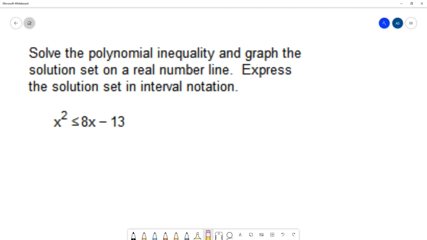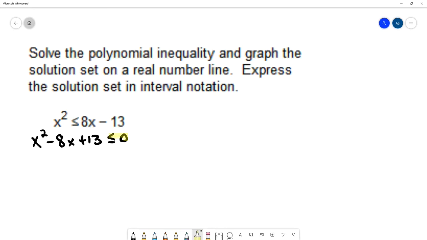So the first thing that I want to do is rewrite this so that I have 0 on one side of the inequality. I'll move all those terms to the left-hand side to give x squared minus 8x plus 13 is less than or equal to 0.